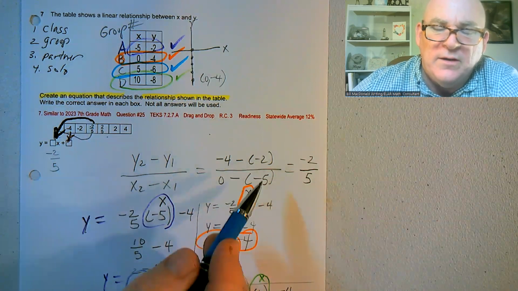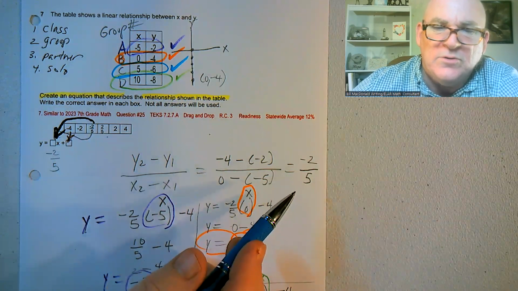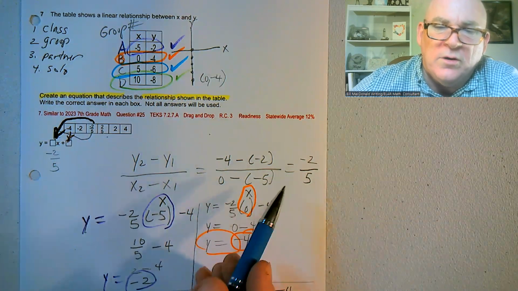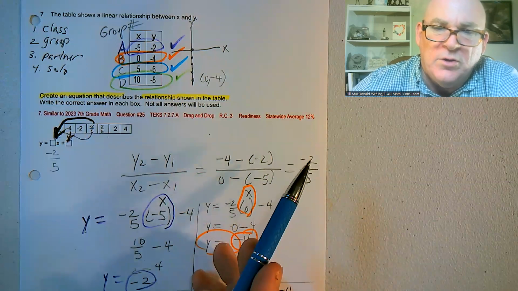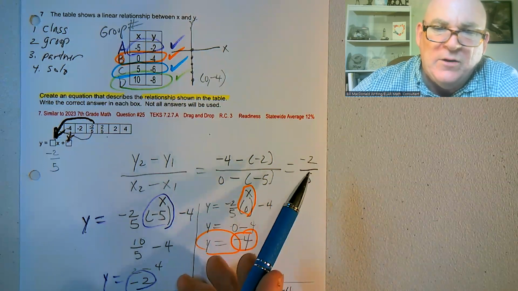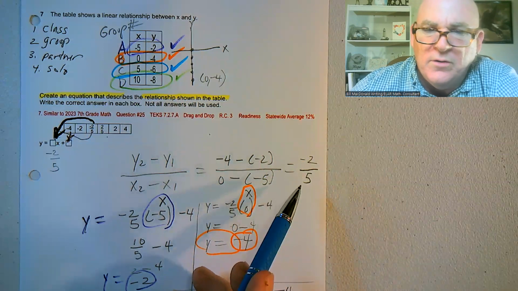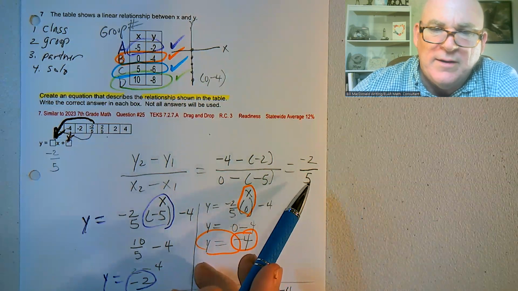And again, two negatives equals a positive. 0 plus 5 is equal to 5. So our rise over run is for every two positions we move down in terms of y, we move forward 5 units to the right on the X.